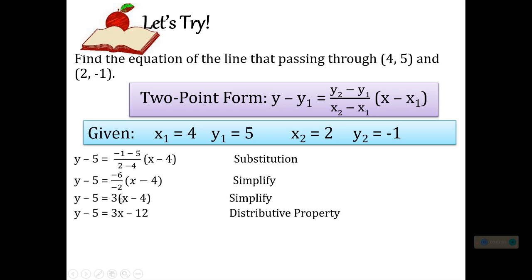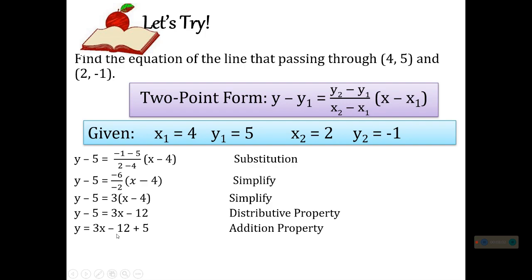And then, you are going to use the distributive property here. So, we have here y minus 5 equals 3x minus 12 because 3 times x is 3x and 3 times negative 4 is negative 12. And then, you are going to use the addition property of equality. So, this negative 5, using the addition property of equality, will become positive 5.